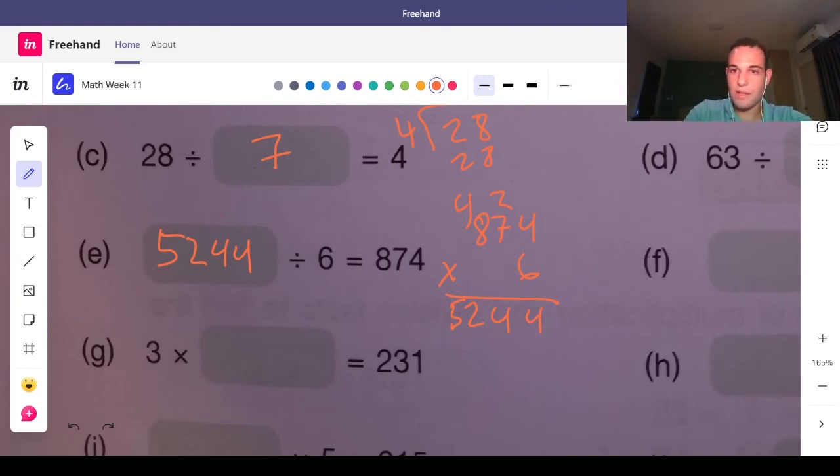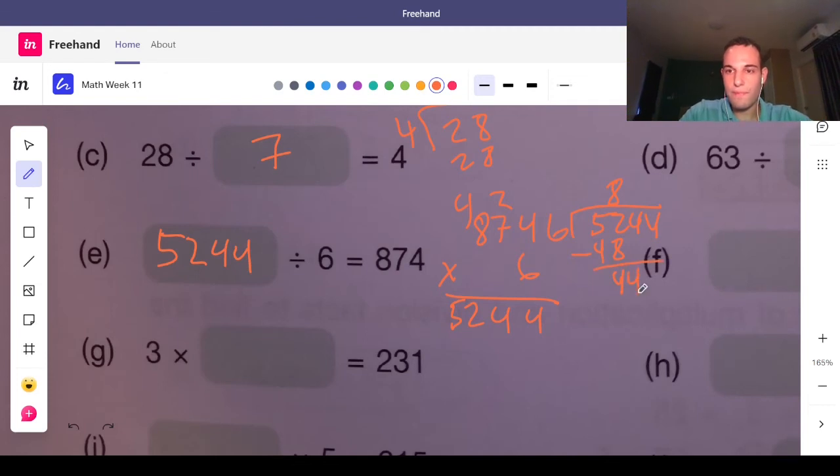So let's check our answer by doing the long division. 5,244 divided by 6. 6 goes into 52 how many times? How about 8 times? And we have 52 minus 48, we have 4 left over.